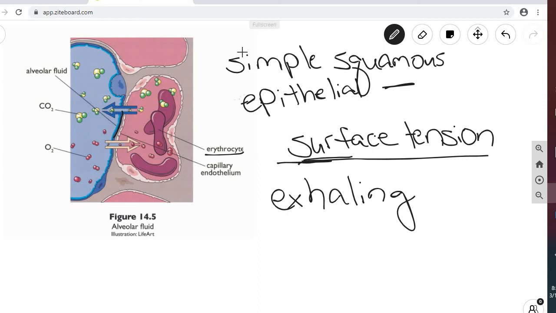So as soon as you decrease the force, the surface tension on the water will pull the water molecules back together, and that pulls the alveoli back so that it closes up, and that helps with exhaling or expiration.